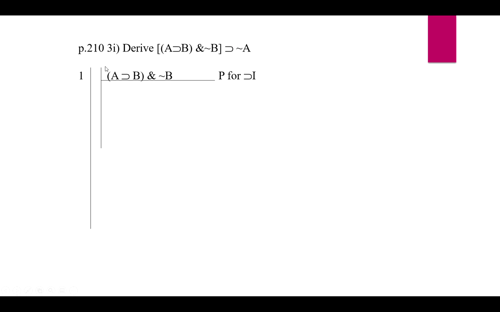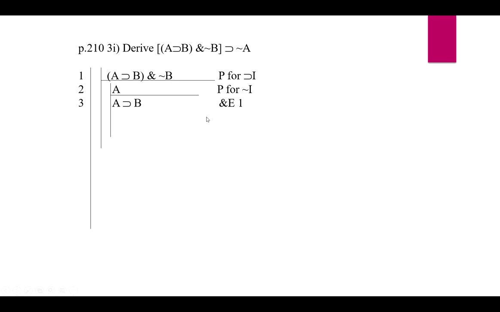So we have if A then B and not B. And now we need to prove the negation of A. So what I'm going to do here is assume the opposite of the negation of A, which is just A by itself, as a premise for negation introduction, right? Because we're trying to get A with that negation attached. So we assume it without the negation for negation introduction.